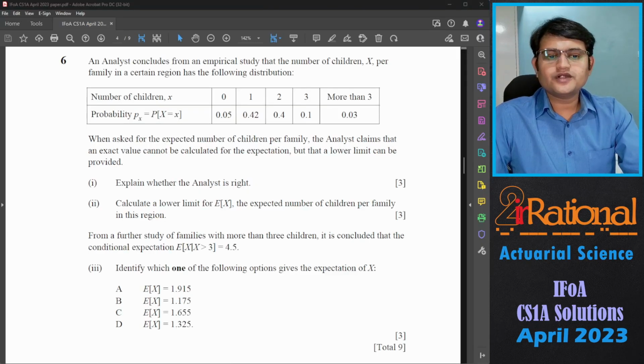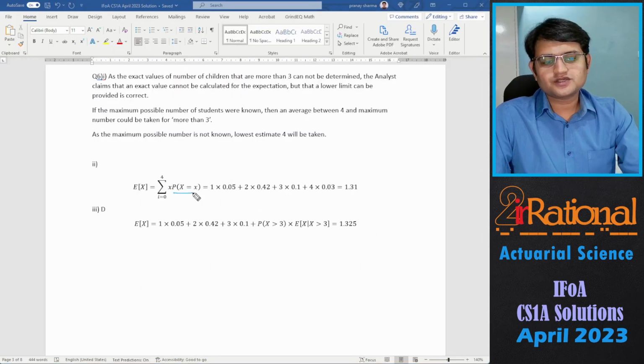Second part, calculate the lower limit for the expected value of x, the expected number of children per family in this region. So summation x into probability of x, for more than 3, I have taken it as 4.